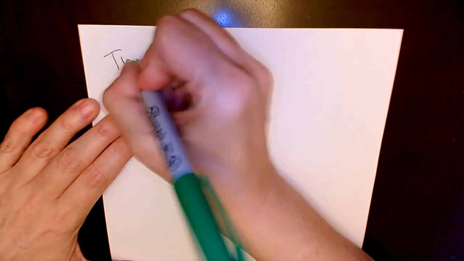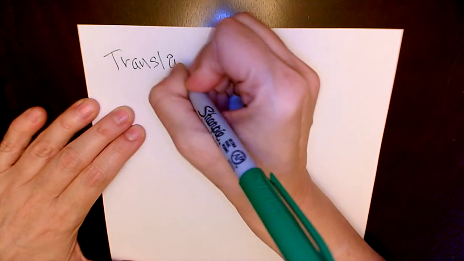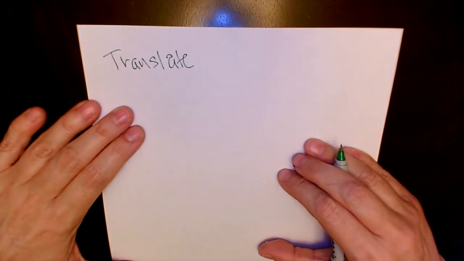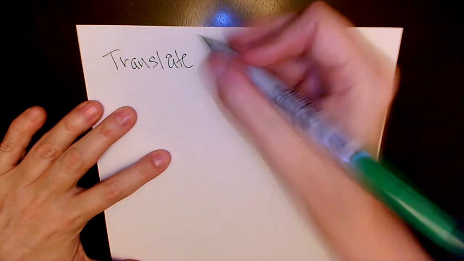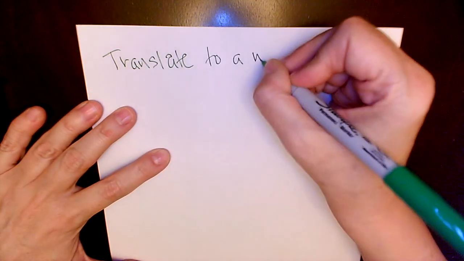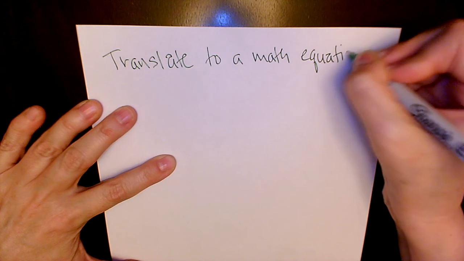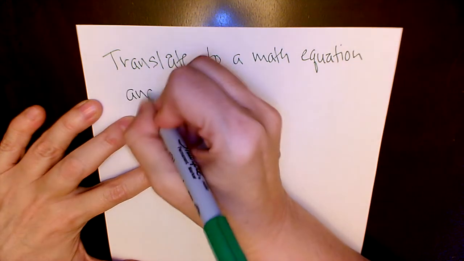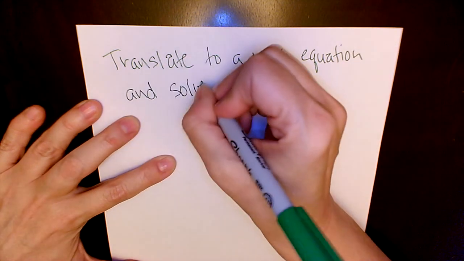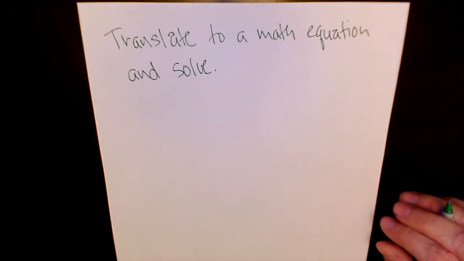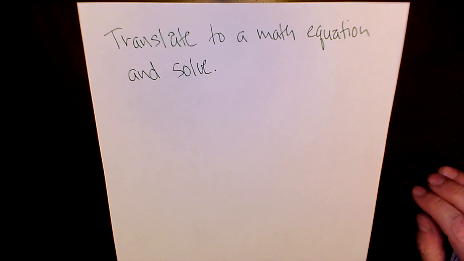But let's just do a couple of translate problems, okay? They'll say translate to a math equation, and they might have you solve it after you write it. They do in the book, so in case they do, I want to make sure you're able to do both.